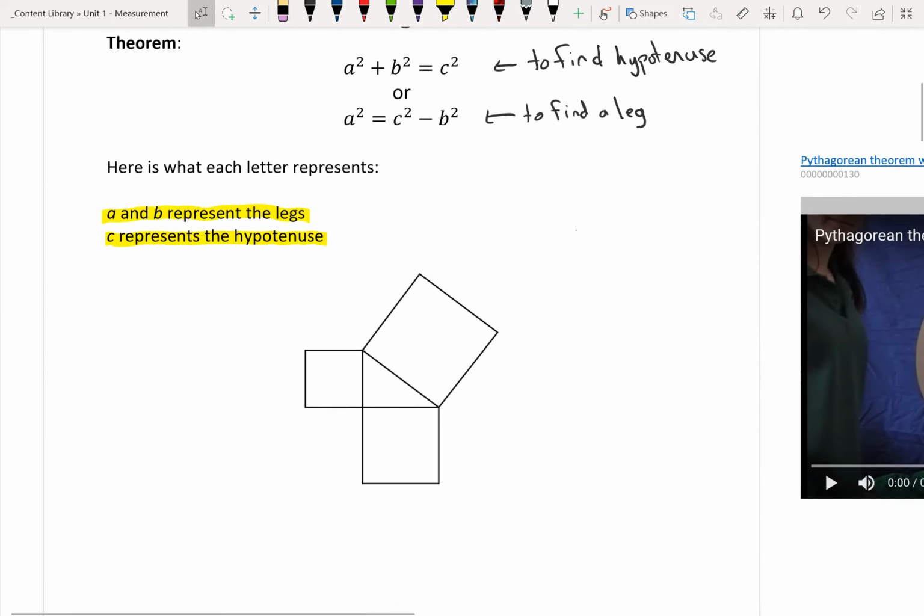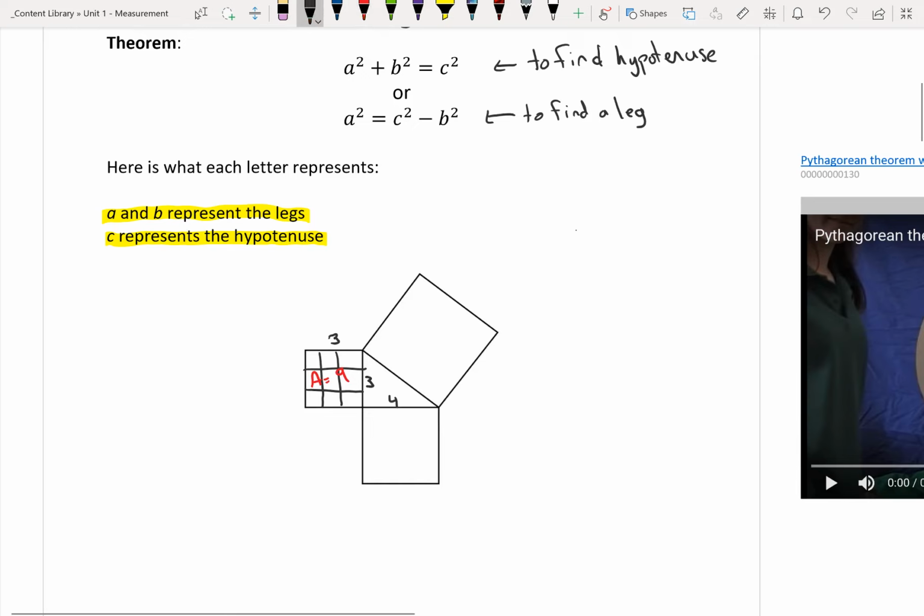So what that's saying is that if I have, say, a triangle that has side lengths of 3 and 4, if I were to look at the side lengths and make a square off of it, so 3 by 3, that means I would have a square that has an area of 9.